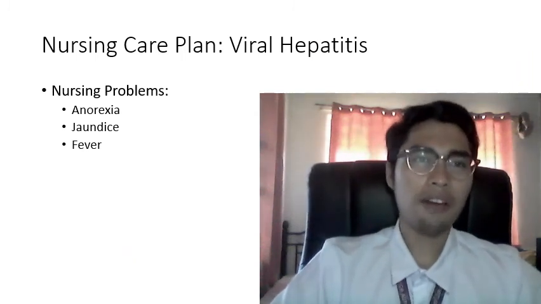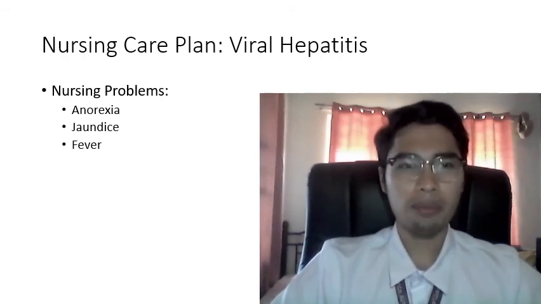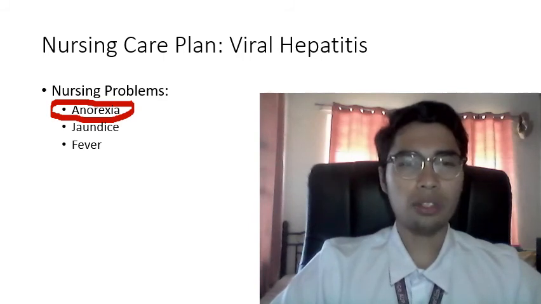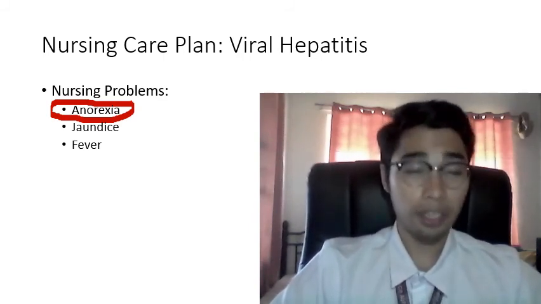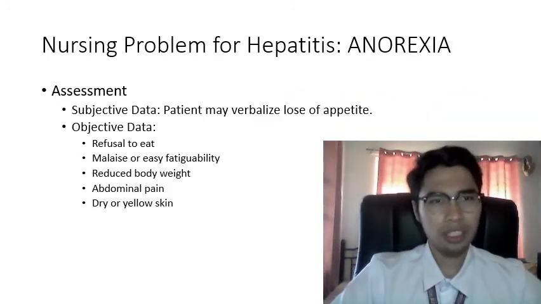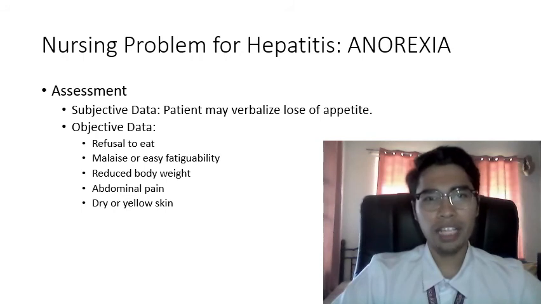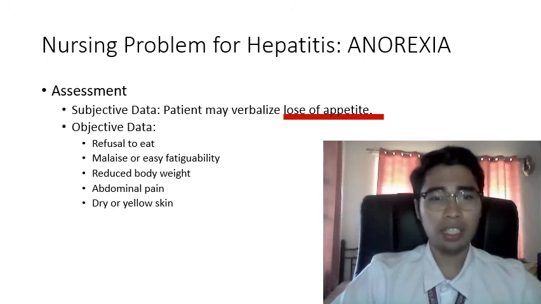Let's say we have three nursing problems, but we will just focus on one main problem that is always being tackled with those infected with hepatitis, viral hepatitis. Now, assessment. Usually the patient will verbalize loss of appetite, anorexia. The objective data is that the patient, because of the loss of appetite, will refuse to eat.